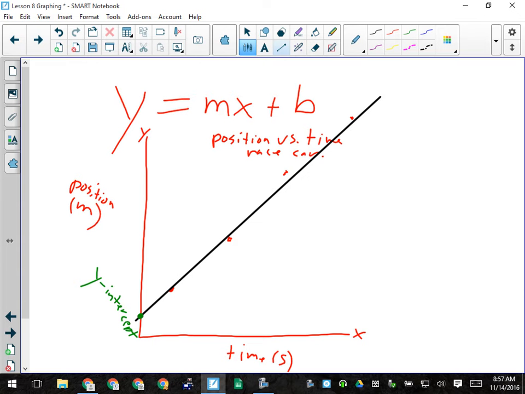So we have our Y-intercept, and that is also represented as b, which you see in the equation y equals mx plus b. So that number is part of the graphing equation. Whatever the y-intercept is, that's b.